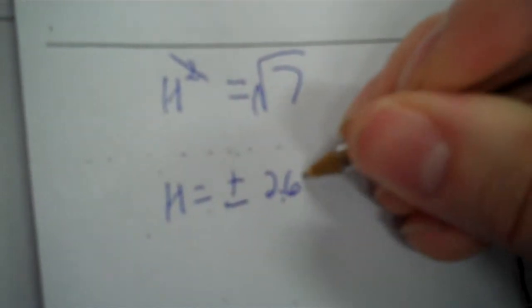That's 7. I find the square root of the value 7. Could be positive or negative. So I go second square root 7. I get 2.65. So I could have 2.65 or I could have negative 2.65.